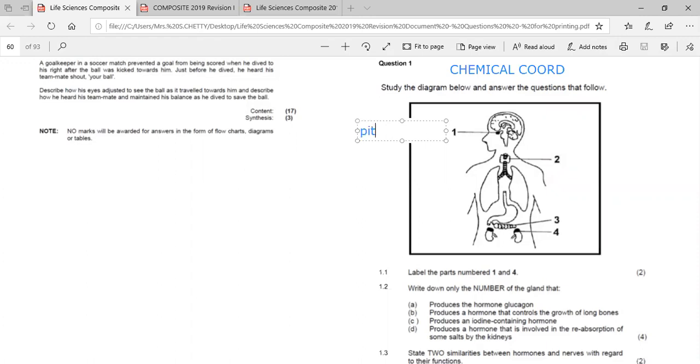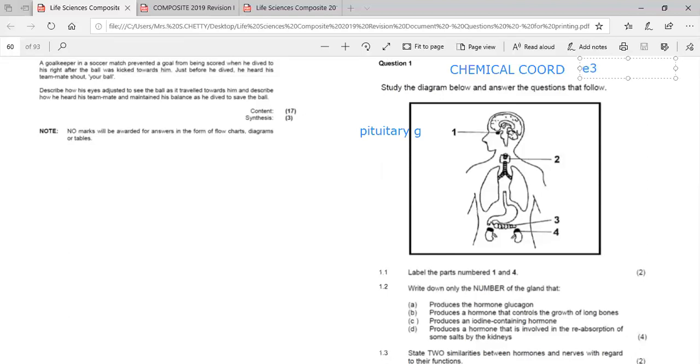First one, pituitary gland. I just put G. Pituitary gland, known as the master gland of the body, as it produces many hormones that influence all the other glands. By the way, in chemical coordination, the type of gland that we are discussing are known as endocrine glands.